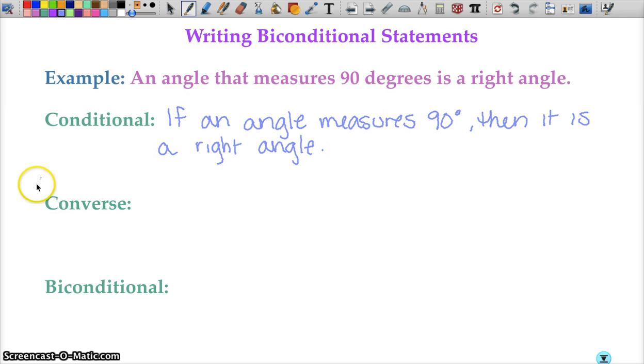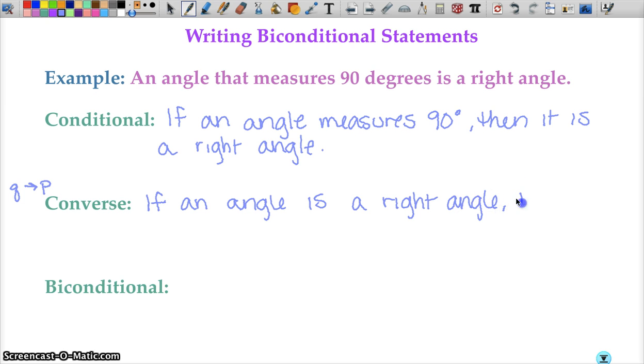So remember, converse means you're going to take Q, put it in front, and P, put it in the back. All right, so if an angle is a right angle, then the angle measures 90 degrees.